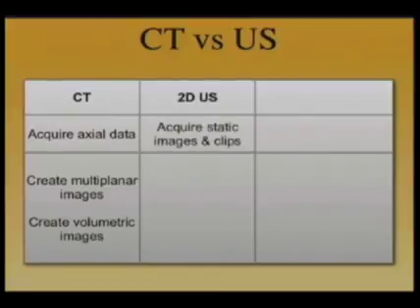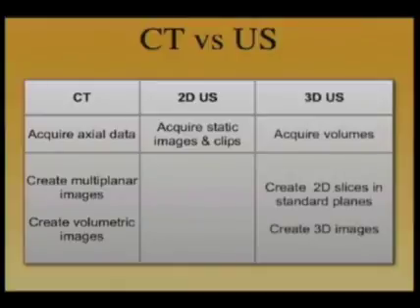In traditional 2D ultrasound, as I just said, we acquire static images and clips, and again send those for review and interpretation. 3D might begin with just acquiring volumes and then taking those volumes and slicing them in various ways to create 2D slices in standard planes that would be based on imaging protocols, as well as creating the volumetric 3D images of the types that I've been showing you.